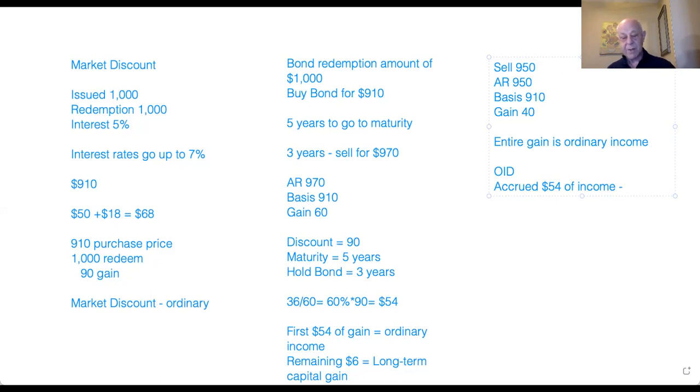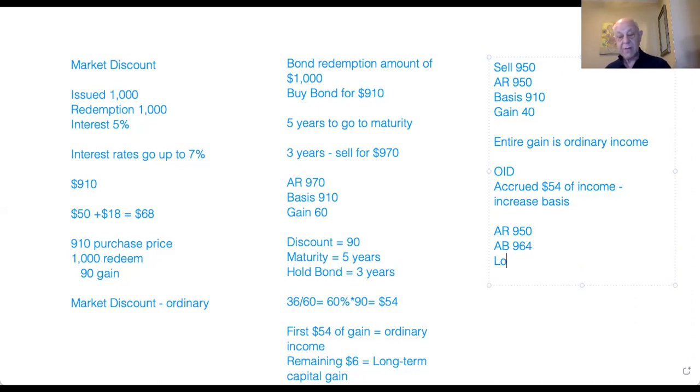And we do increase our basis for the amount of the accrued OID. So in this case, we would have picked up $54 of income. Our amount realized would have been $950. Our basis is now 910 plus the 54 is $964.